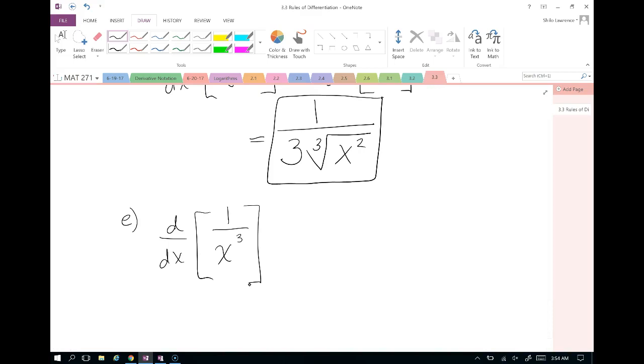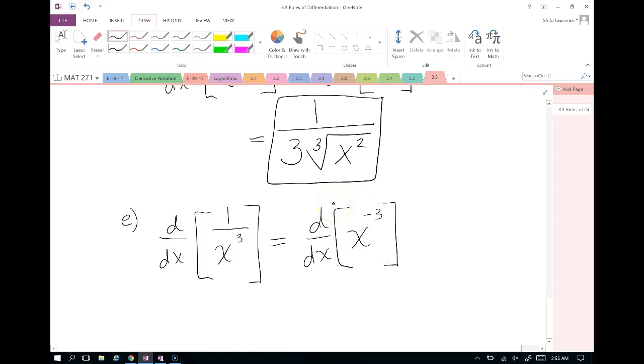We've got to see it as x to a power, not as a fraction, not in the denominator, just x to a power. So I need to bring this expression up to my numerator. I need to use algebra to rewrite it first. So I can bring my x cubed up to the numerator if I rewrite it as x to the -3.